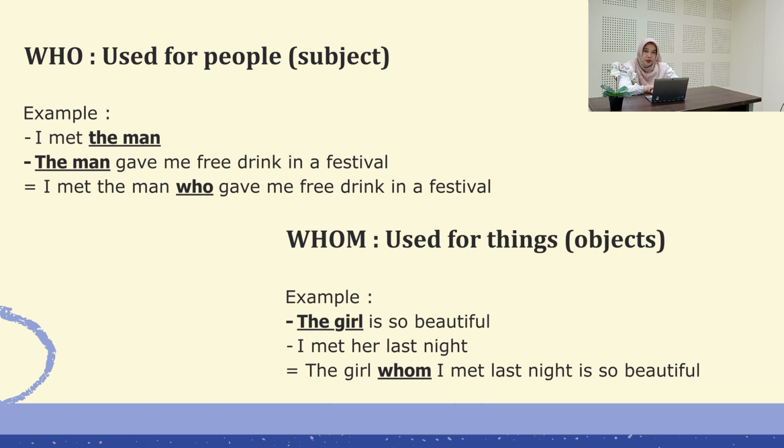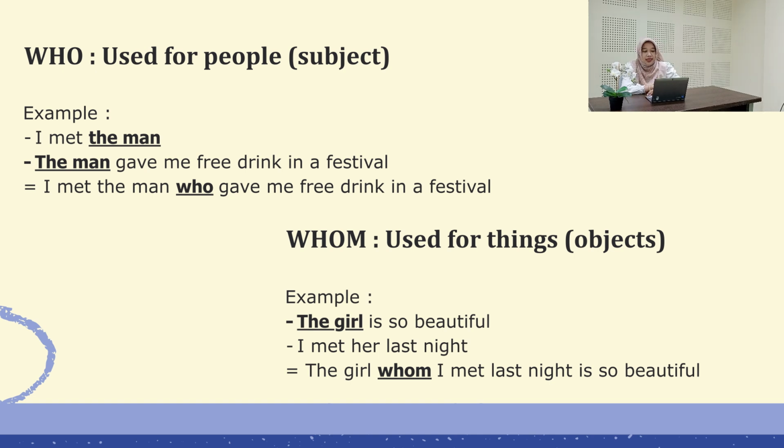Can you combine them into one complete sentence? I met the man who gave me free drink in a festival. So which shows the adjective clause or relative clause? Yeah, it's who gave me free drink.